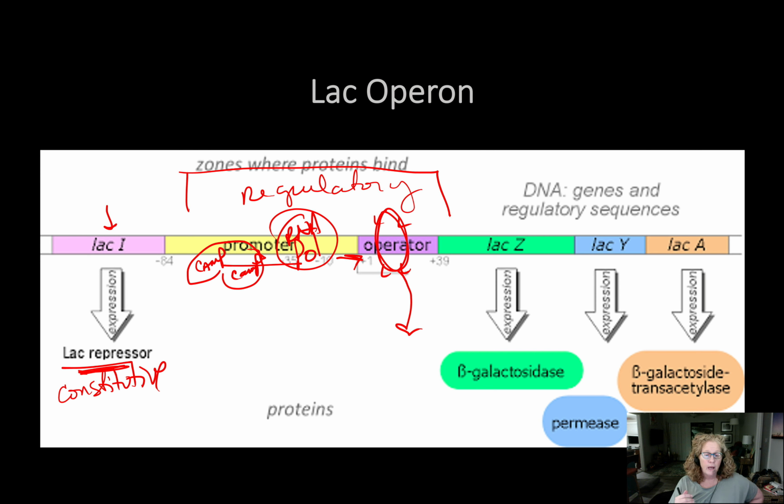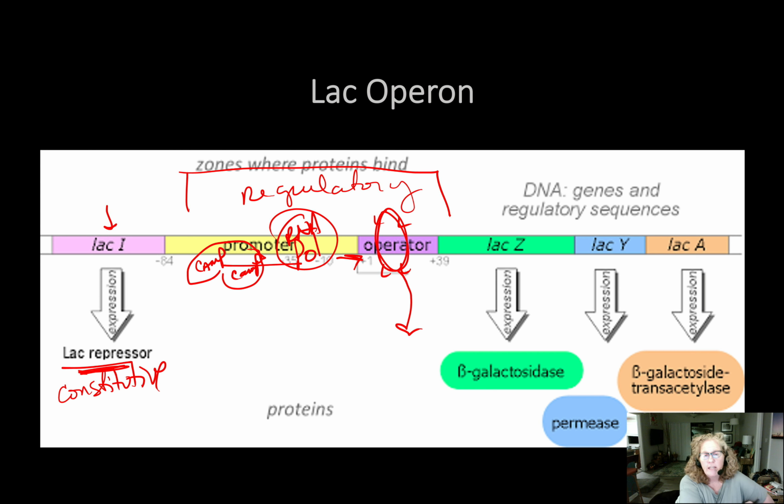I need my lactose to be brought into my cell, and the lactose molecules bind to the Lac repressor that's sitting on the operator. I also need cyclic AMP. The cyclic AMP is necessary to get my catabolite activator protein to bind to the promoter in order to turn on RNA polymerase and push it forward so that transcription can occur.